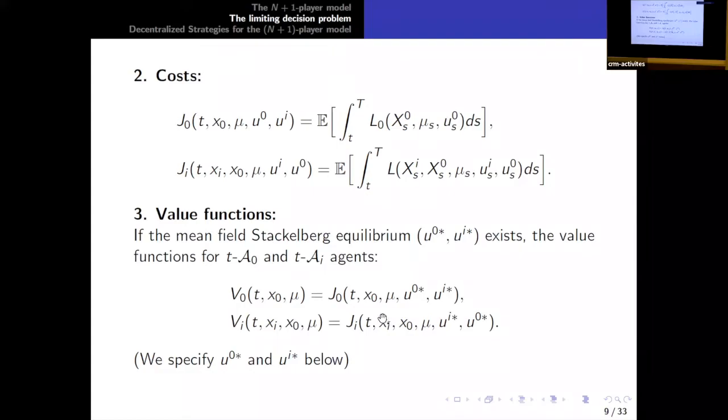We have the initial state given by x0, xi, and mu here. Mu is a part of the state, and given the equilibrium strategies, we can specify the value function.